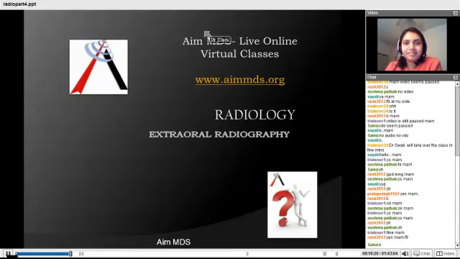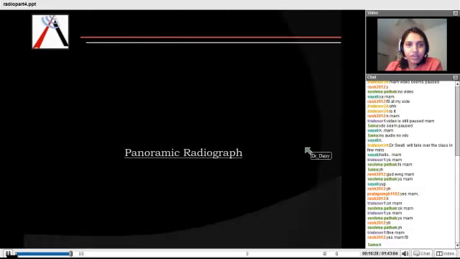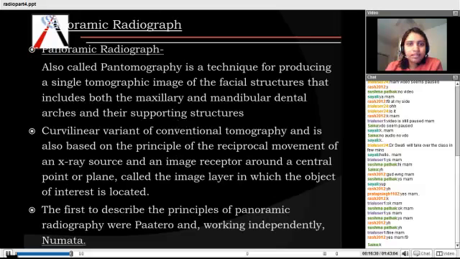So today we are talking about extraoral radiography. To start with, we'll be talking about panoramic radiography. Now, panoramic radiography is also called pantomography. Here we have the structures and we want all of them seen in one big radiograph.